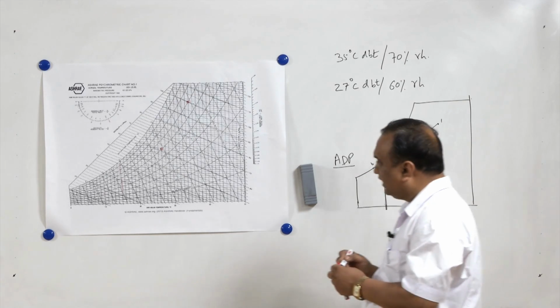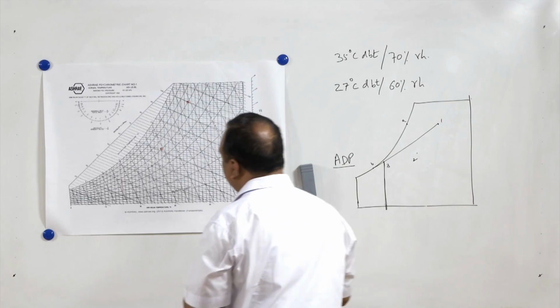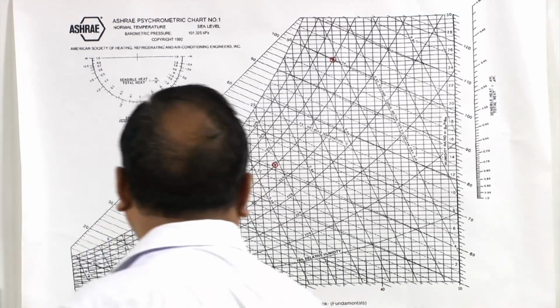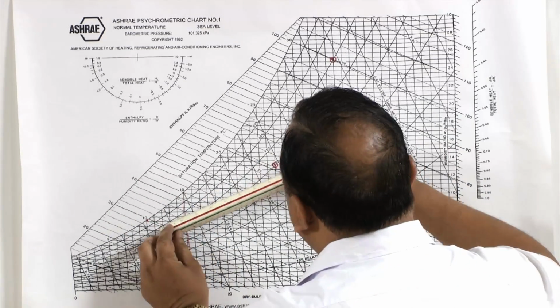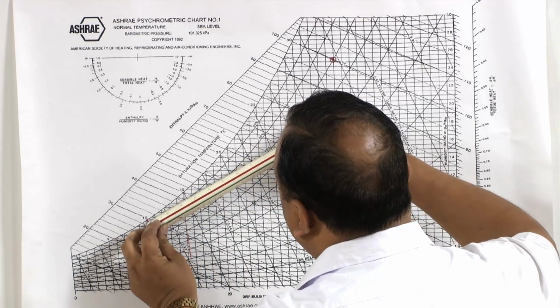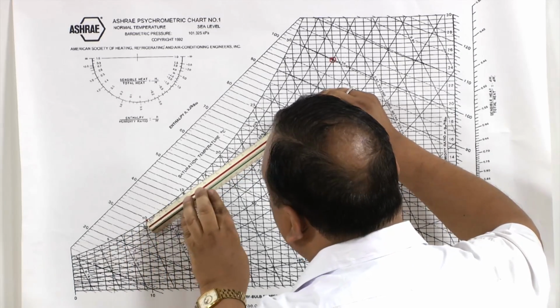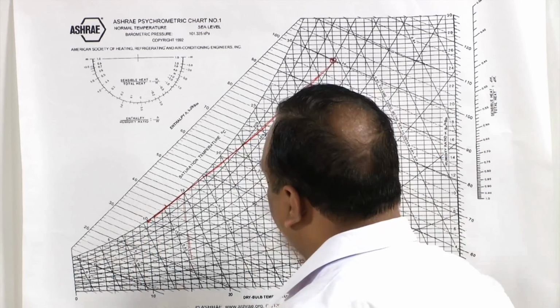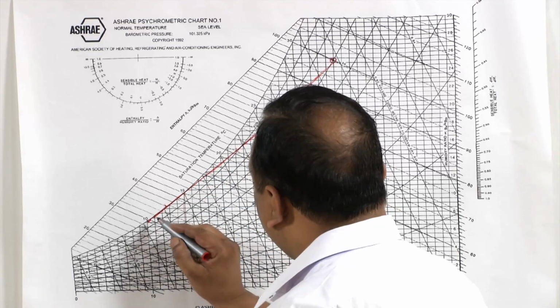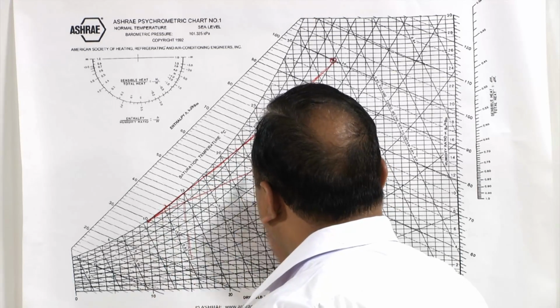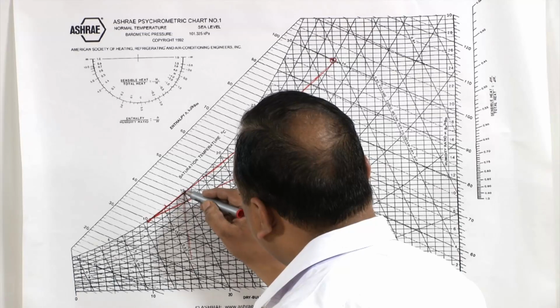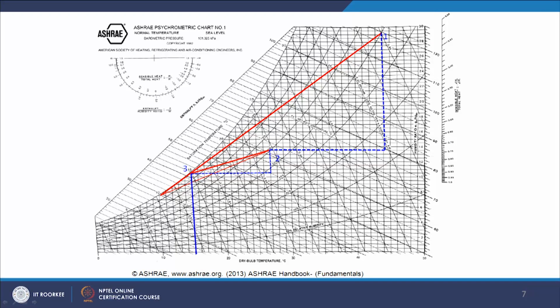So point 3 can be located here also. This is the 10 degree centigrade line, and outside air is cooled first of all, initially, then air is supplied at 15 degrees centigrade from here. So, that is point 3.